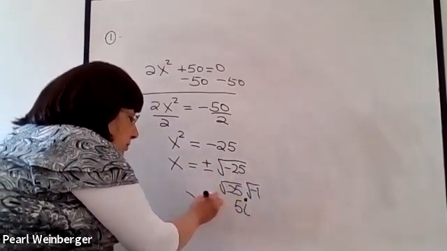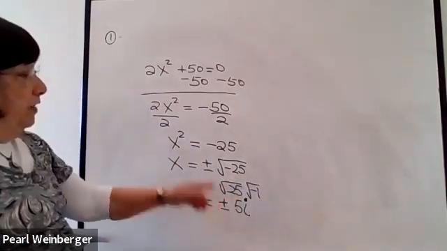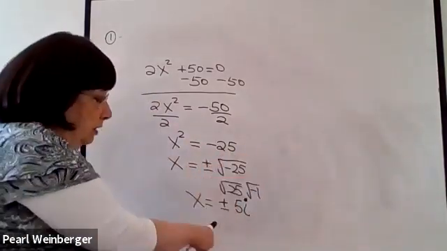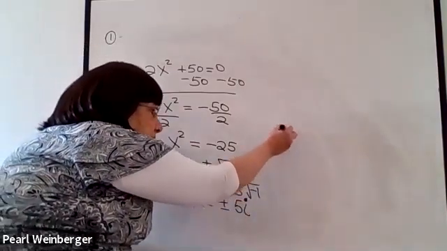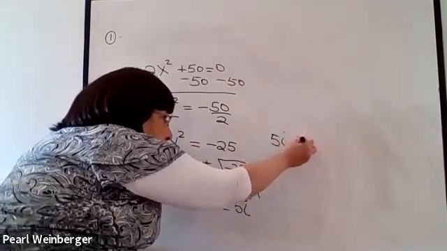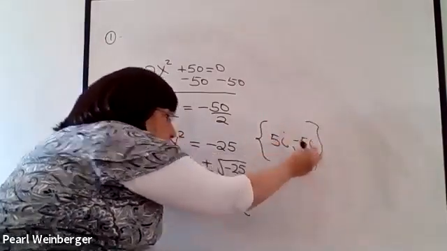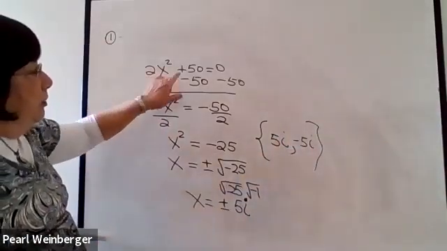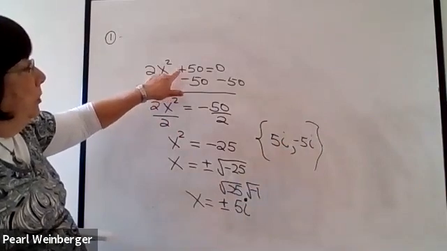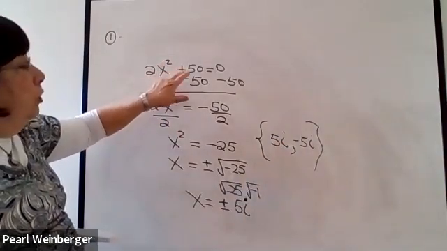So my answer comes out to be plus or minus 5i. My 2 answers, again, I could write it this way, or I could write it as 5i and negative 5i. These are my 2 answers. And I did it using the square root method. I can use the square root method when I only have an x squared term and no x term.